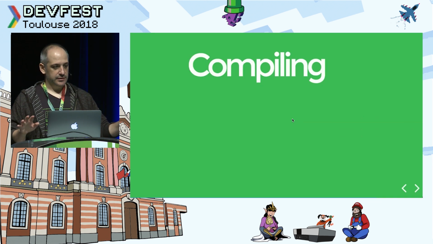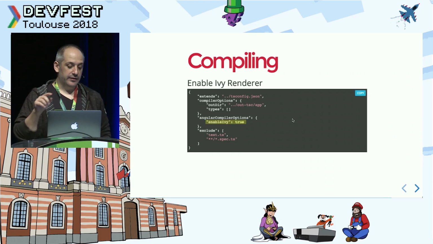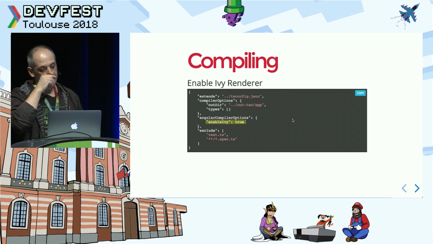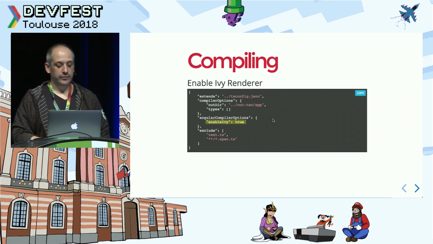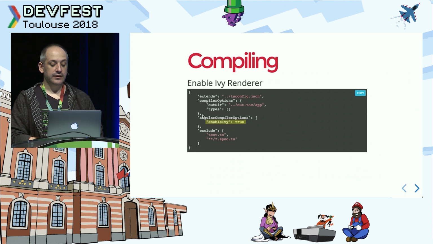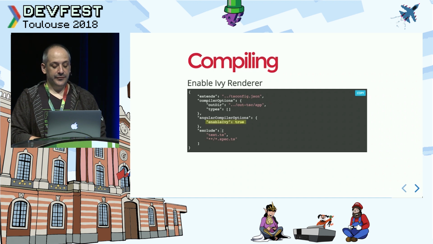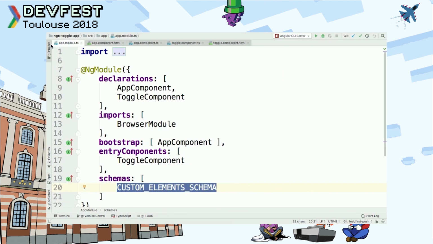So just some final notes. This demo is created with the amazing Ivy renderer. And to use the Ivy renderer, you just have to go to your config app, which is going to be this one.